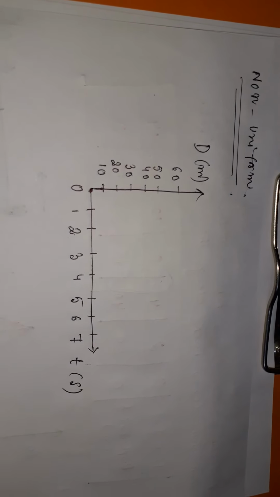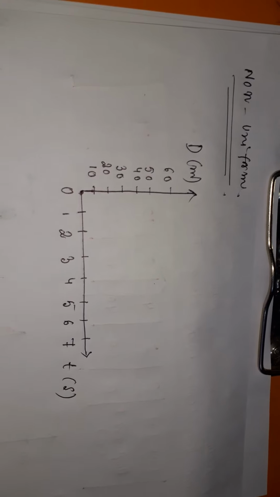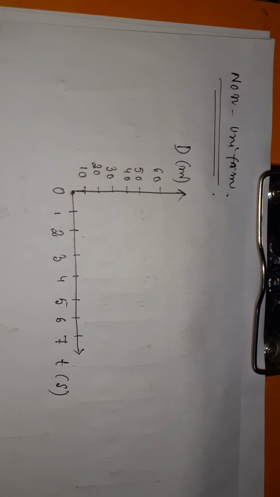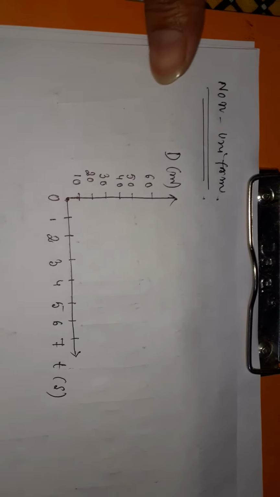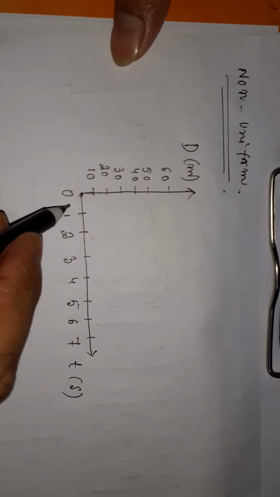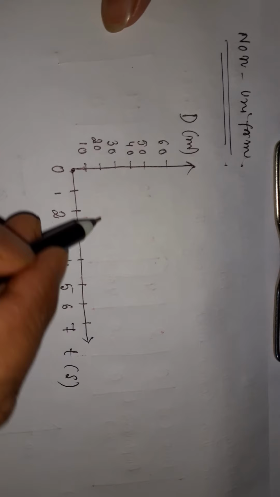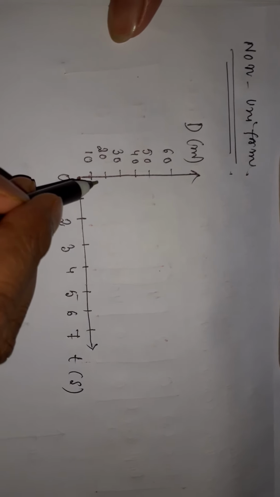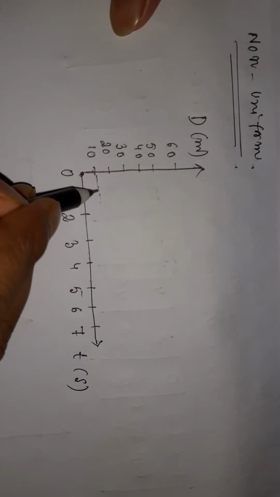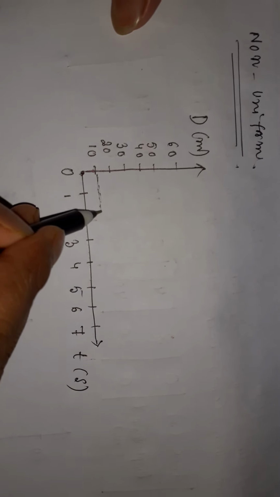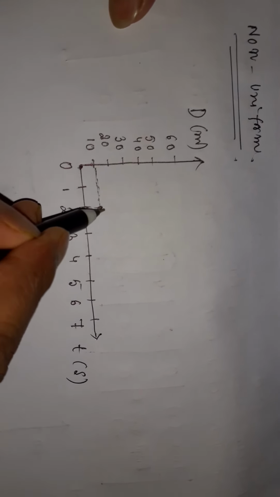Okay. Now what is happening is that at certain intervals of time, few things are given to you. Suppose at 2 seconds we are getting the displacement equal to 10 meter.